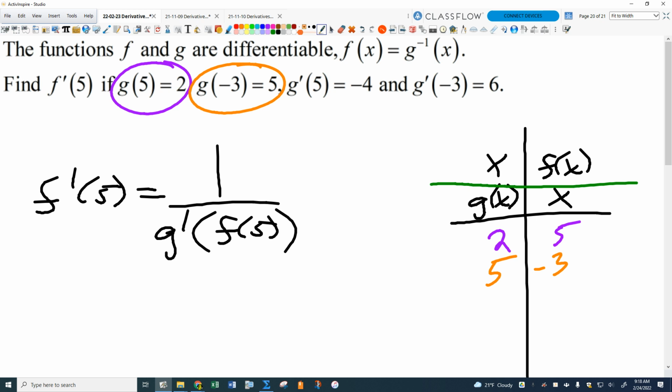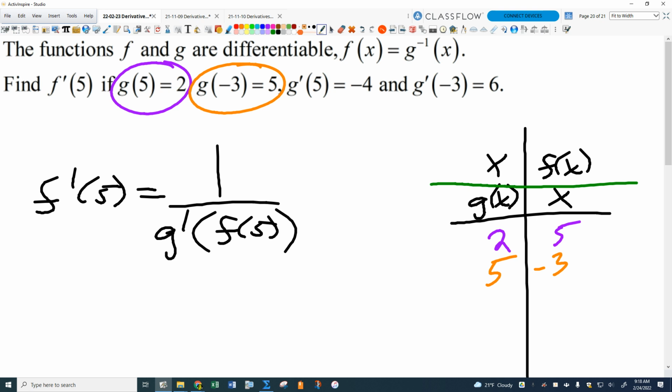Okay? So f prime of 5 is 1 over g prime of f of 5. So I've got two possibilities. Well, f of 5, how is that going to work with these last two statements? They're telling me what g prime is of some input values.